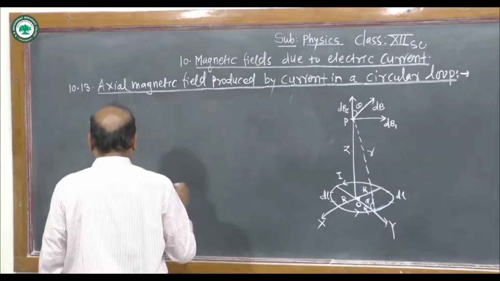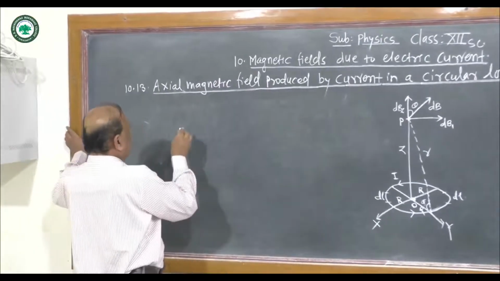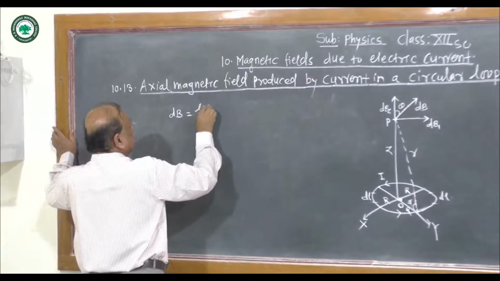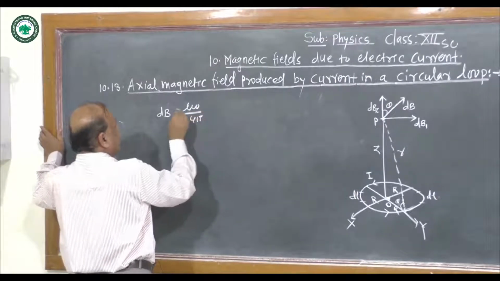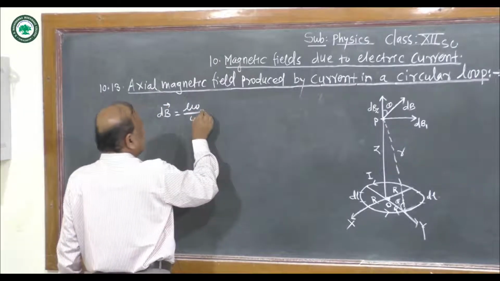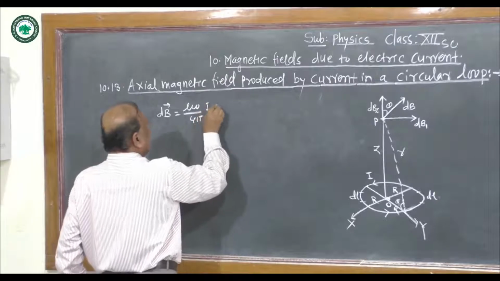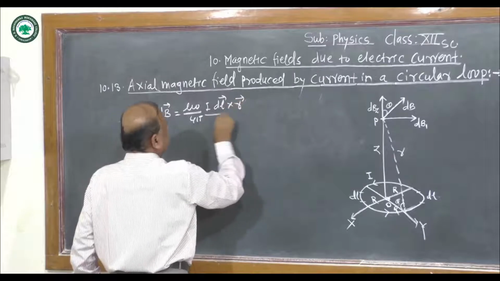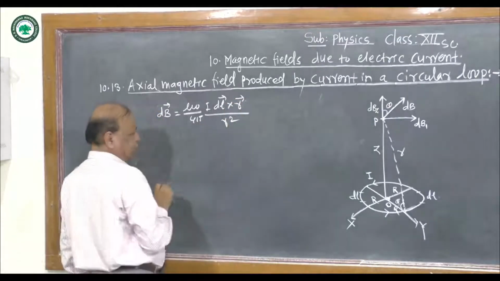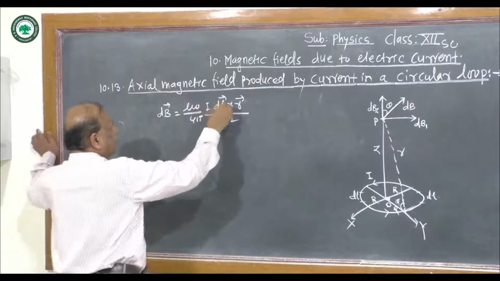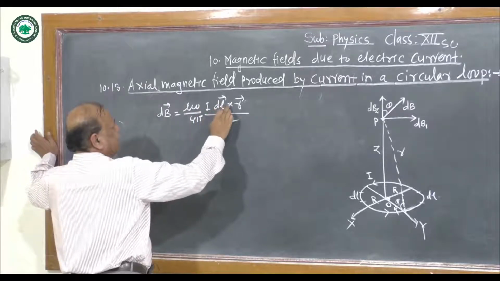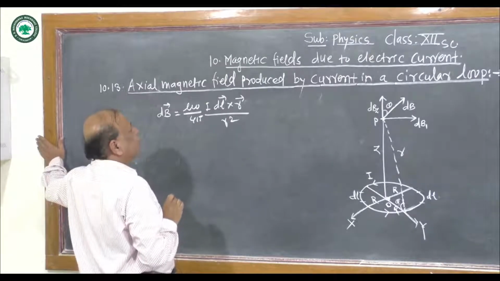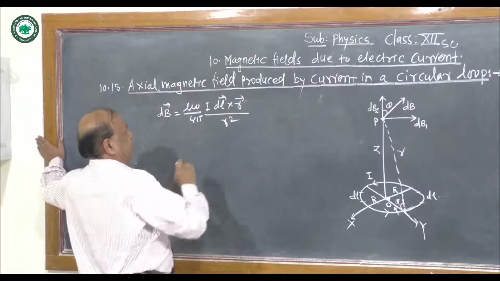Then according to the Biot-Savart law, the magnetic field dB is equal to mu 0 upon 4 pi, it is a vector quantity, I dl cross r bar divided by r square. Now this dl bar cross r bar gives the direction of that magnetic field.